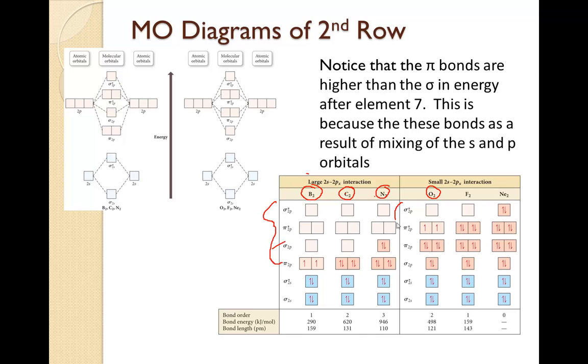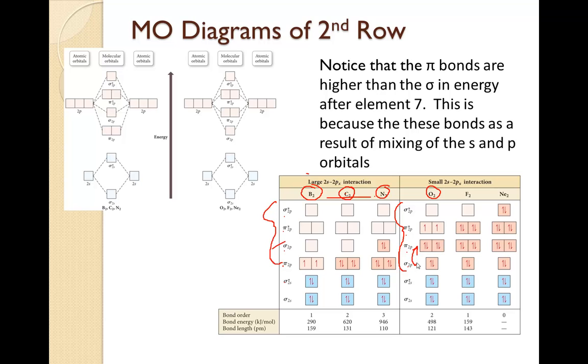So sigma star are the same, but then for the lower atomic number, pi, sigma, pi star, sigma star, whereas here is the sigma, pi star, sigma star. Notice that things have been flip-flopped. These two have switched places.